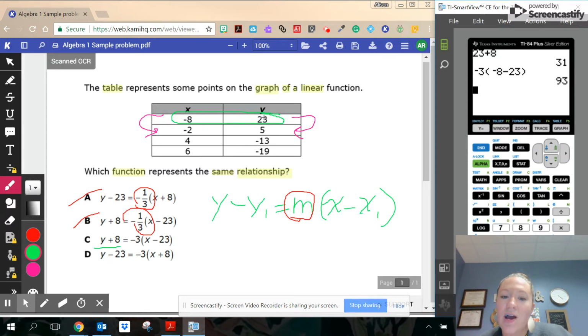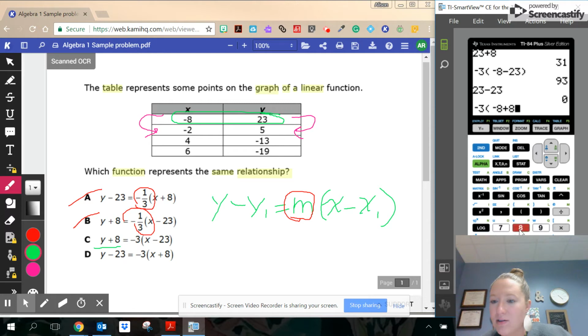Let's try D. I'm starting with this y, using 23. So 23 minus 23, that's easy. It equals 0. If this is true, I should get that my right side also equals 0 when I plug this in. Negative 3, parentheses, following the steps. This time my x is still negative 8, but I'm going to do plus 8.